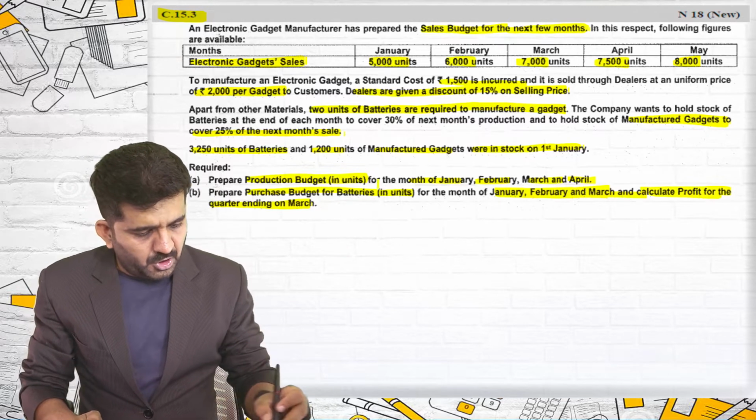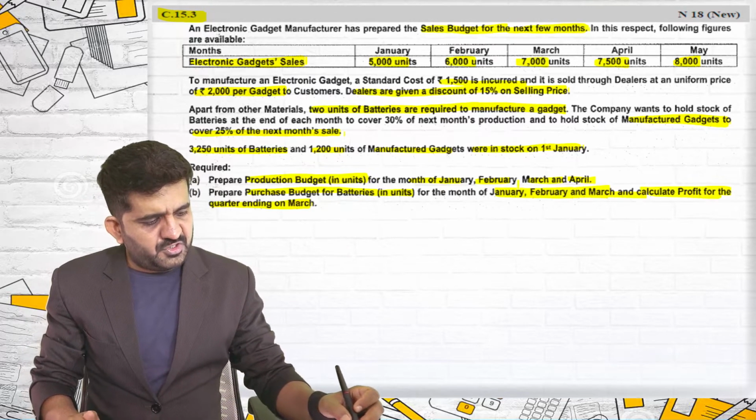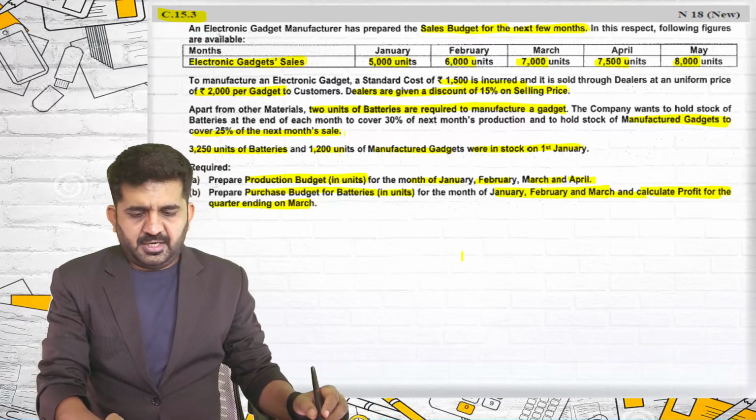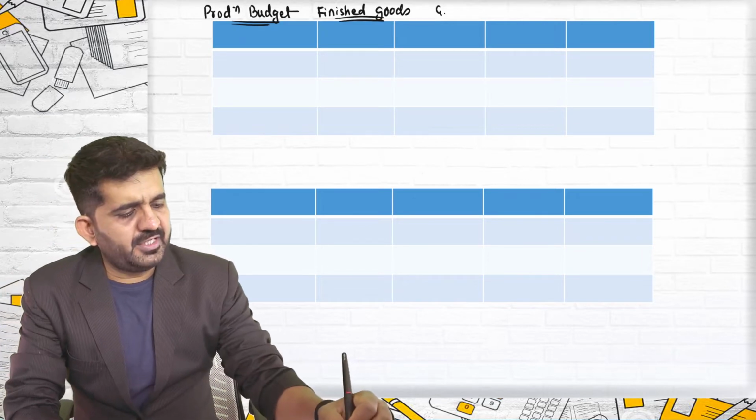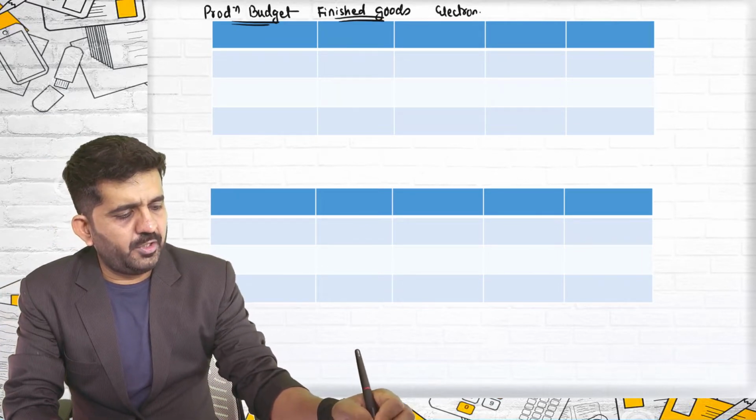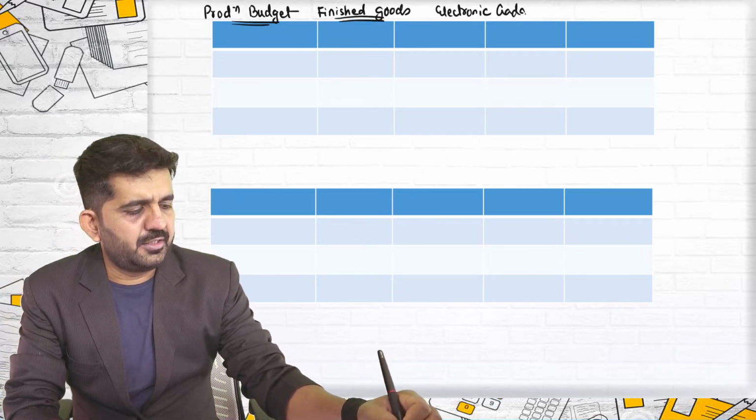We are first learning the production budget of January, February, March and April. Let us do this. Production budget is of finished goods. In our case, it is right now electronic gadgets.